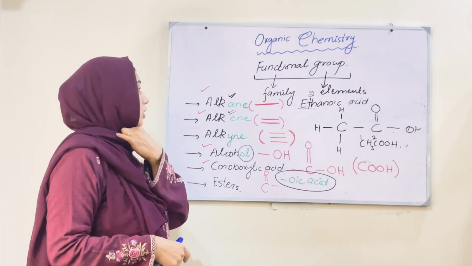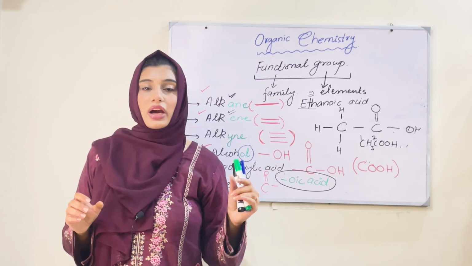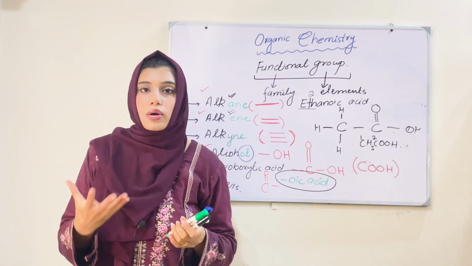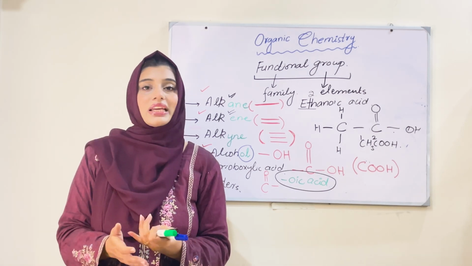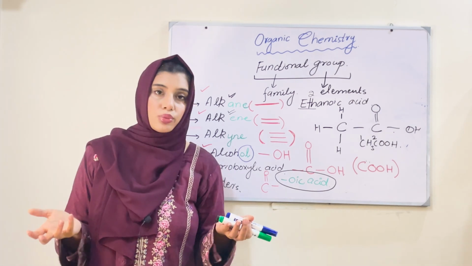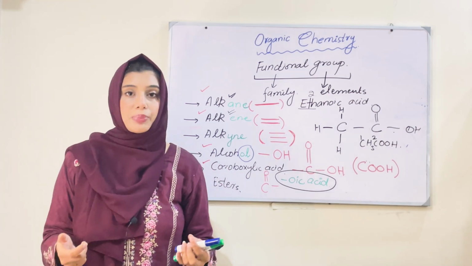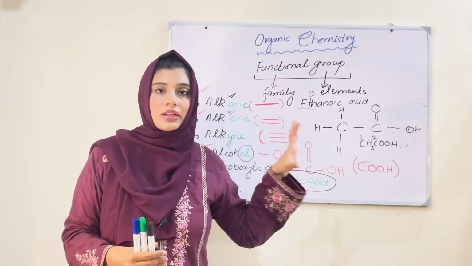Now I'm giving you some names, and you have to draw the structural formula of those compounds and share the pictures with me on Instagram, or you can message me on YouTube, or you can comment there with the picture, so that this will be clear to you all.